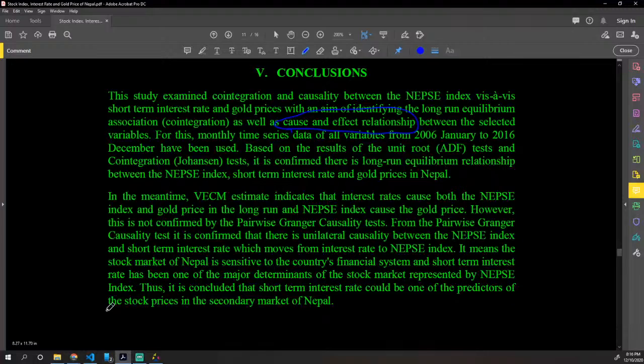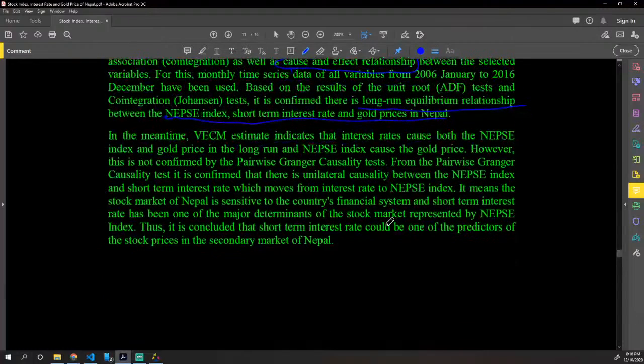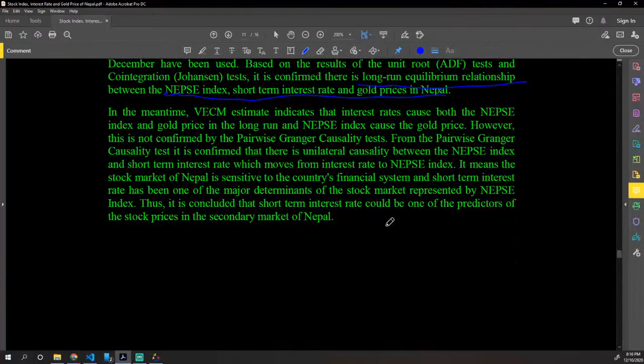Based on the results of the unit root test and co-integration test, it is confirmed there is a long-term equilibrium relationship between NEPSE, short-term interest rate and gold prices in Nepal. In the meantime, the ECM estimate indicates the interest rate caused both the NEPSE index and the gold price in the long run, and the NEPSE index causes the gold price.